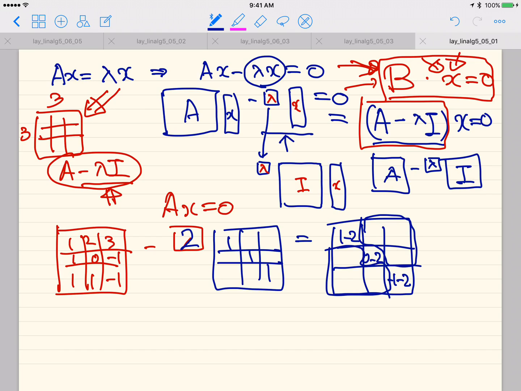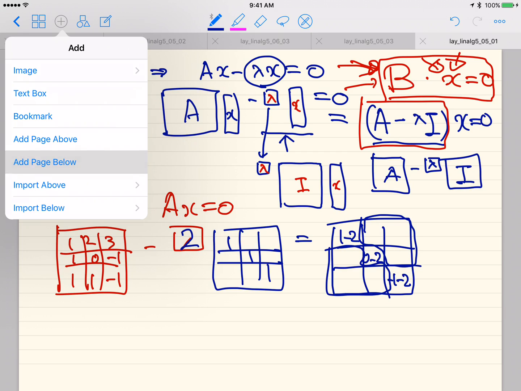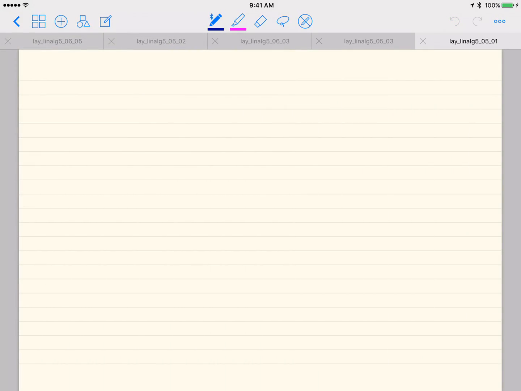So in order to solve for the lambda, we utilize the determinant, because this homogeneous linear system A minus lambda I should have a non-trivial solution, at least one, in order for this lambda to be your eigenvalue, right?